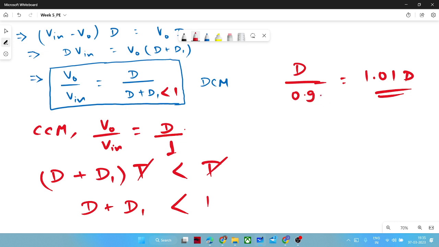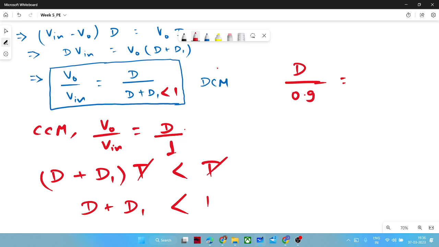Let us assume, whatever be the D, since the denominator also has D, it will always be less than 1. For DCM, V naught upon V in will always be less than 1, because the expression is D upon D plus D1.